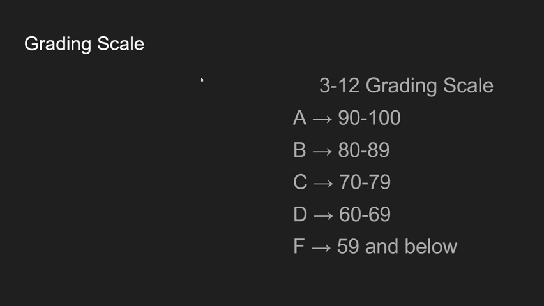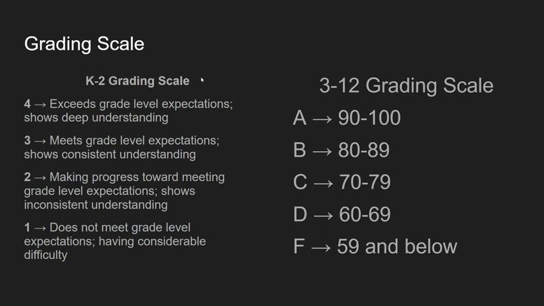When we think of standards-based grading, the grading scale is quite different. For grades 3-12, our students utilize 100-point scales and letter grades such as A, B, C, D, or F. And that's all outlined in our board policy for Winston-Salem Forsyth County Schools. But K-2 students follow a different scale.